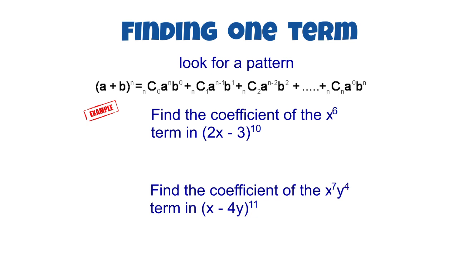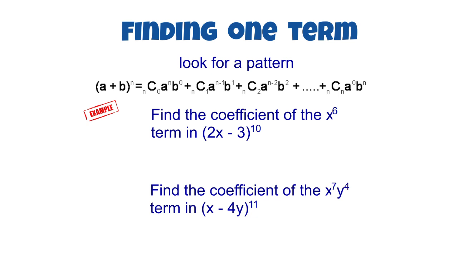But what I want you to notice is if I'm looking for the x to the 6th, x is the first term here. Let's look at what's happening on that. Here would be x to the 10th. This would be x to the 9th. This would be x to the 8th, x to the 7th, 6th. Okay, so here's what I do know.